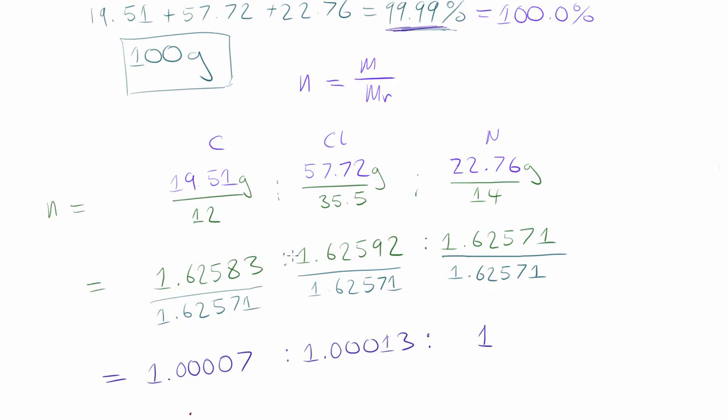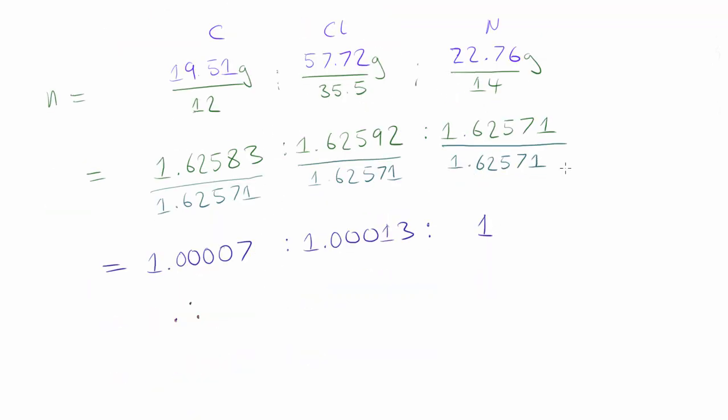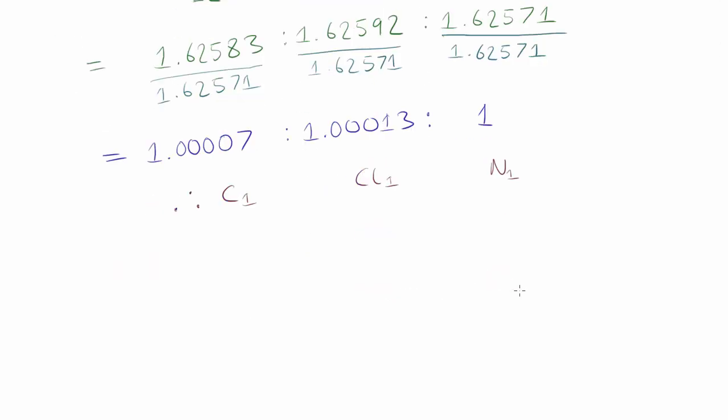So now when we're looking at the CCl N, our empirical formula is, well, with the C we're going to have a 1 associated, with the Cl we're going to have a 1 associated, with the N we're going to have a 1 associated. Of course, in the empirical formula we're not going to write a 1 there. We're literally just going to write CClN.